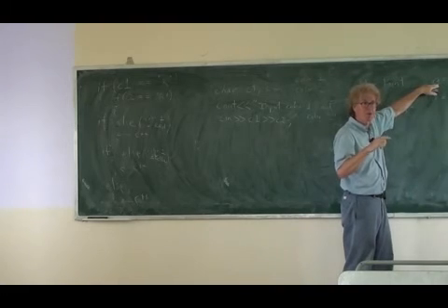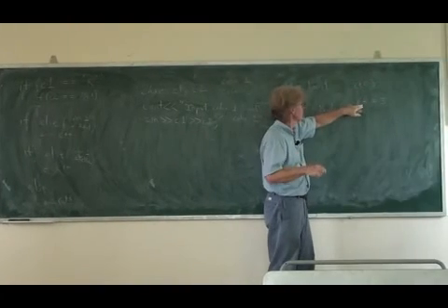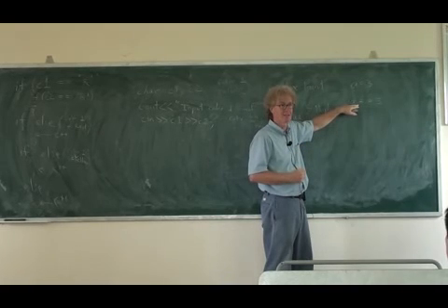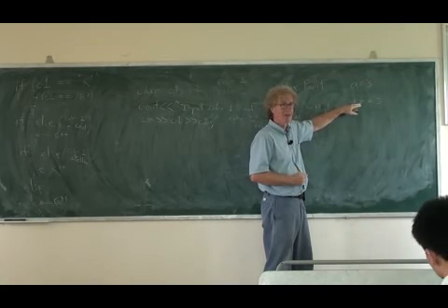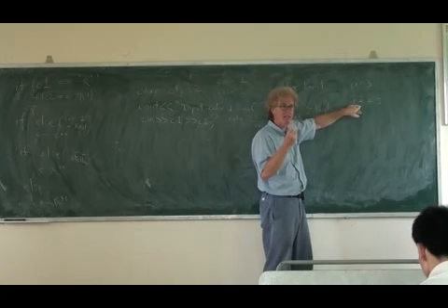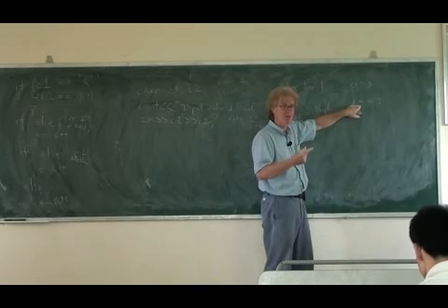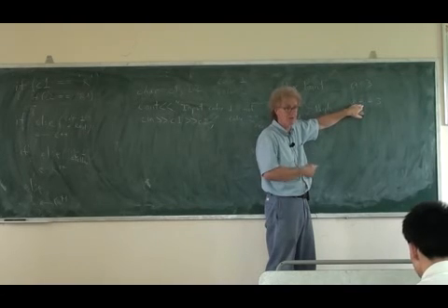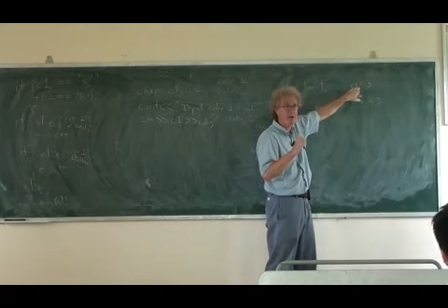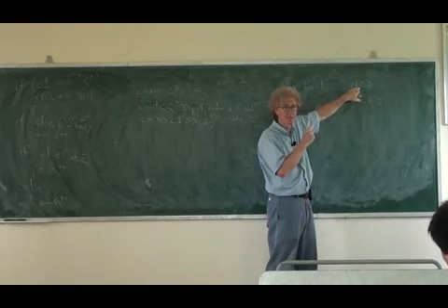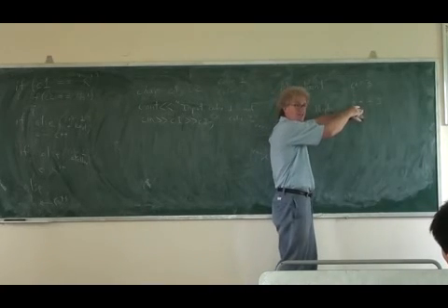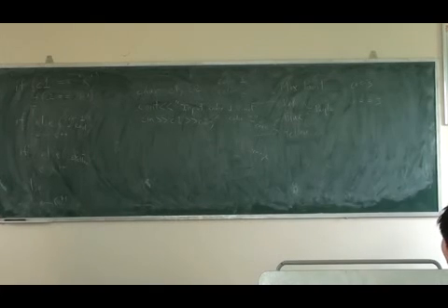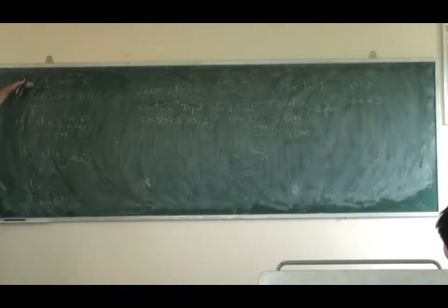This symbol means I'm asking the computer, is A equal to 3? Okay? So this statement has two possible outcomes, true or false. If A is equal to 3, this statement is true. If A is not equal to 3, the statement is false. This statement has only one outcome, A is equal to 3. This is a command. This is a question. Okay? Is that clear?